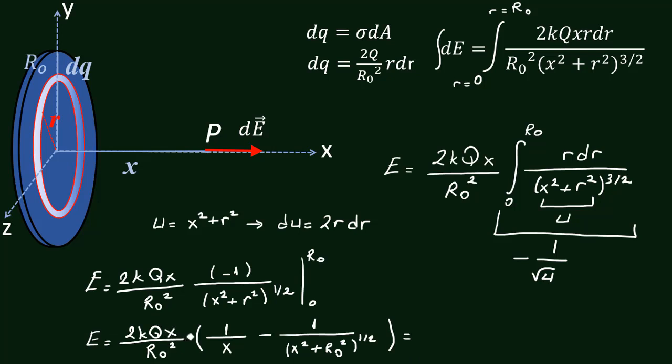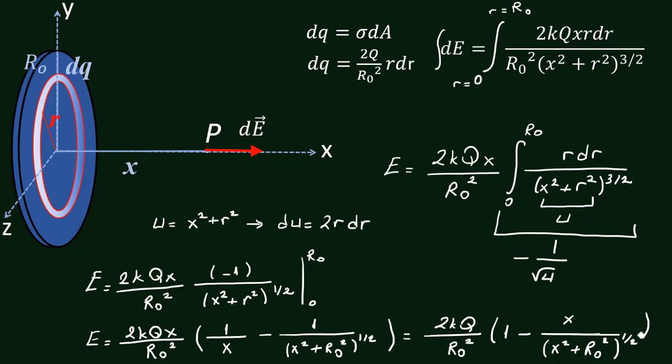There's an x in the numerator, so I'm going to put it inside the parentheses. My electric field becomes 2kq over r0 squared in parentheses 1 minus x over x squared plus r0 squared to the power 1/2, and we close the parentheses.